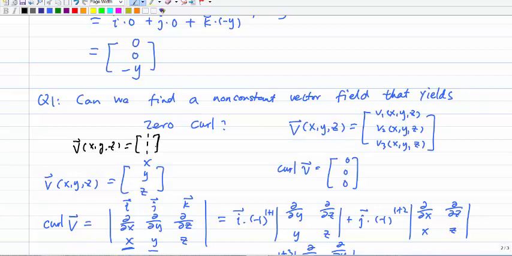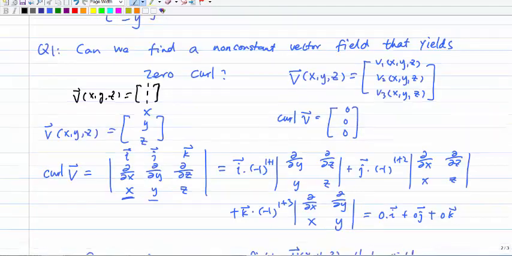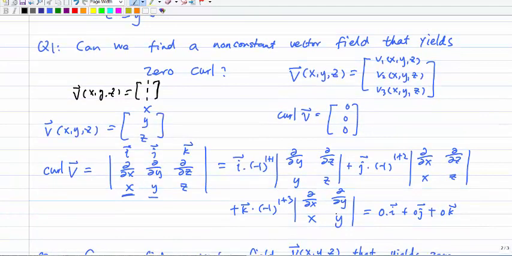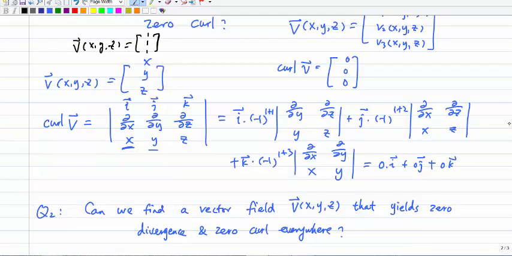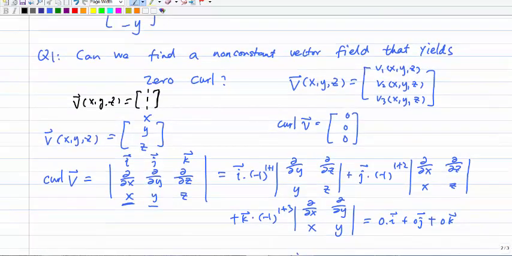Also, if v is x, y, z, you can compute the curl and get 0, 0, 0. So you don't have to have a constant field in order to yield a zero curl. You can have a non-constant field that still has a zero curl.